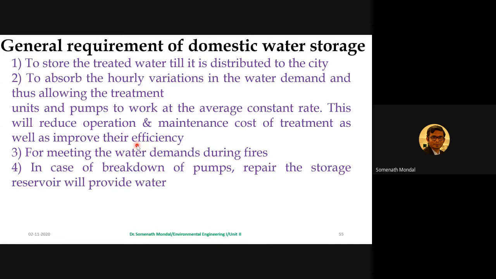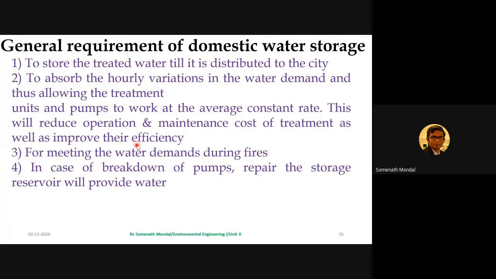Next is, in case of breakdown of pumps or repair, the storage reservoir will provide water. During the non-serviceable period, you get uninterrupted service of water, because once water is being supplied, you are getting it directly, but at the same time water is getting filled up within the storage facility.